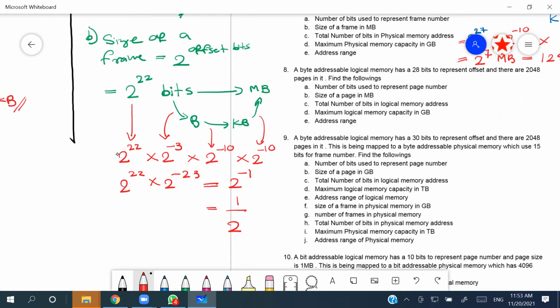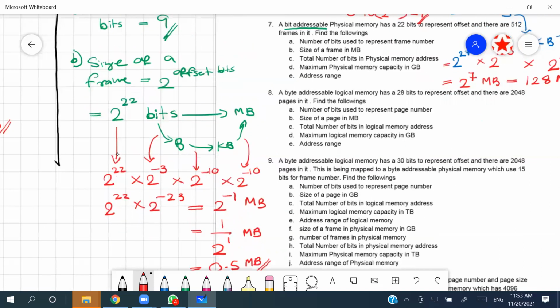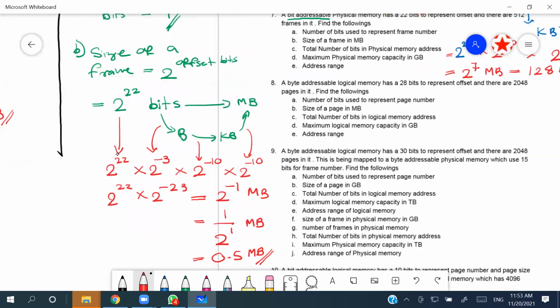These are in megabytes, so that means 0.5 megabytes. So the size of a frame in the 7th question is 0.5 megabytes.